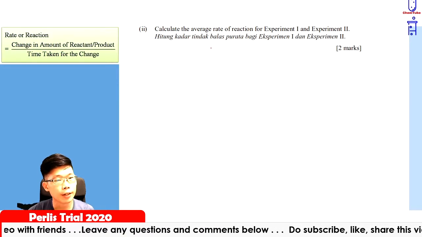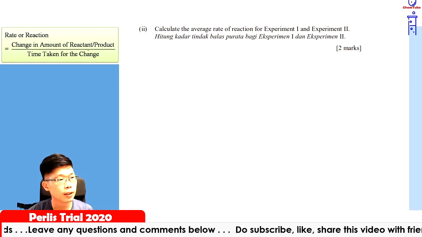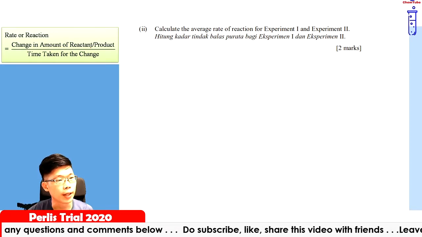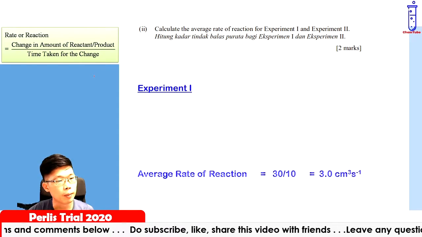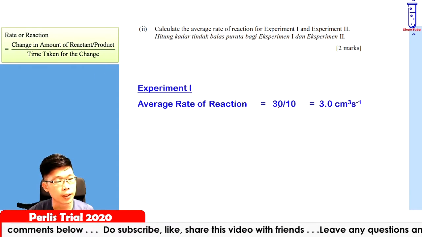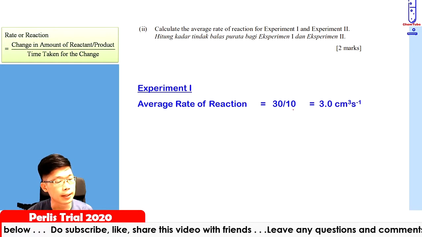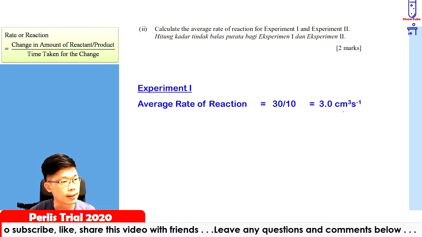Then calculate the average rate of reaction for experiment 1 and 2, 2 marks. So for average rate of reaction, we can use the formula: change in the amount of the reactants or products over the time. So for experiment 1, the average rate of reaction will be 30, the volume of the gas collected, divided by the time, 10 seconds. So it's 3 cubic centimeter per second.